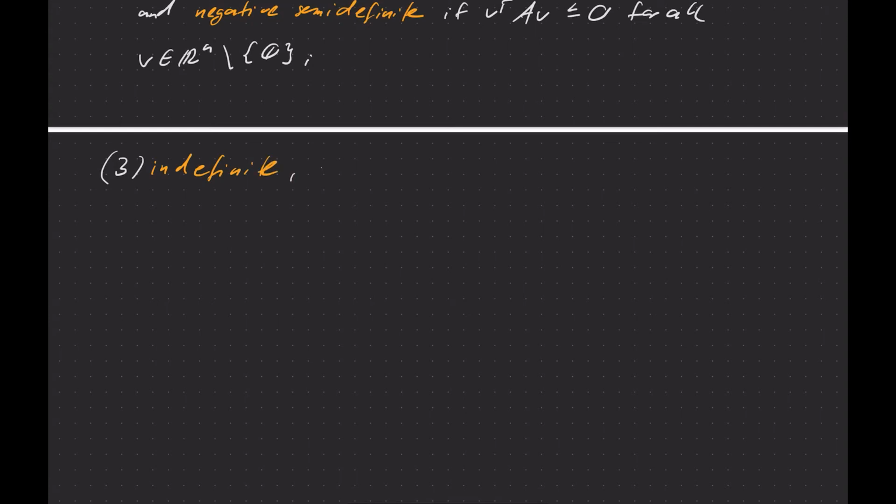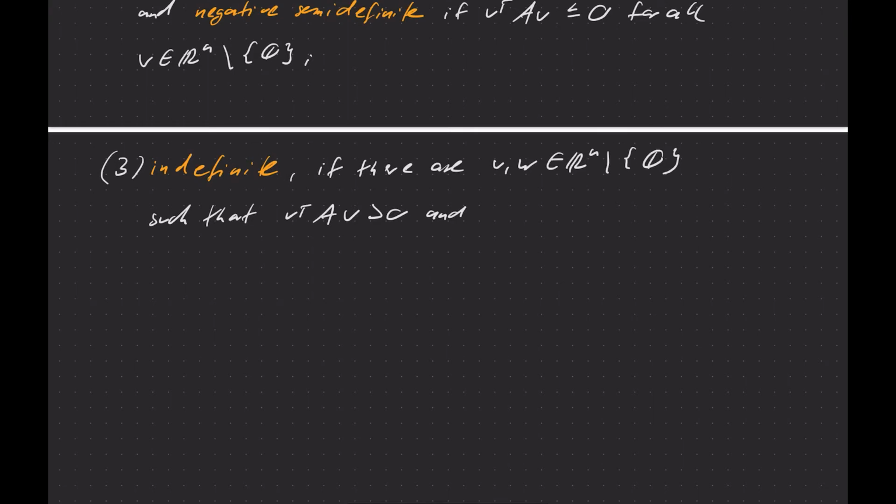So it's called indefinite if there are vectors v and w in R to the n, and again the 0 vector doesn't make a lot of sense here, such that v transposed AV is positive and w transposed AW is negative.